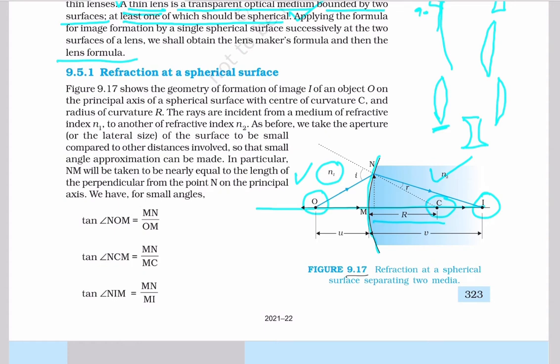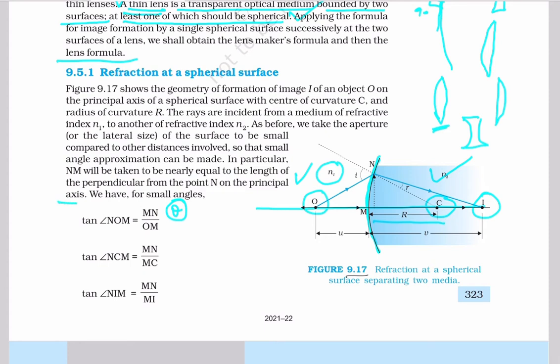Since we want to make the angle of incidence as small as possible, we'll consider the aperture of this spherical surface to be as small as possible, and in that case, this NM will be treated as the normal to the principal axis. So NM will be taken to be the length of the perpendicular from the point N on the principal axis.